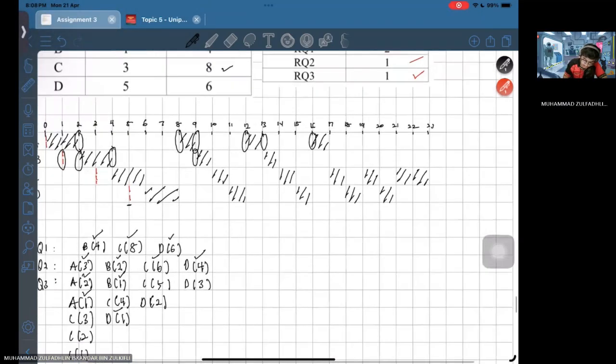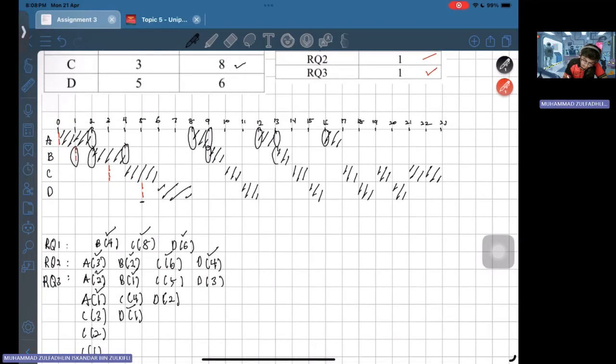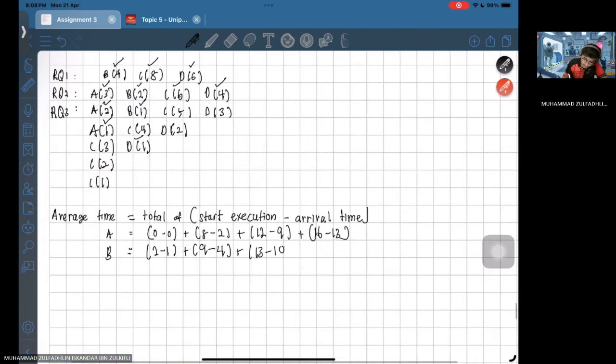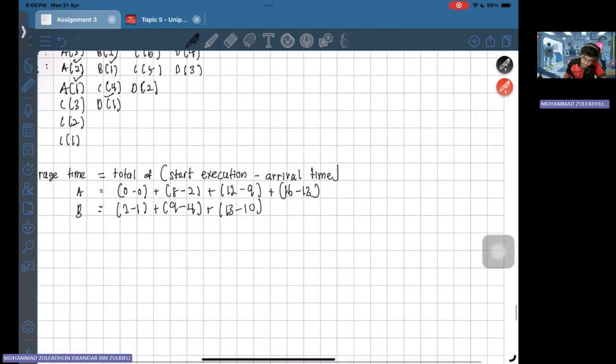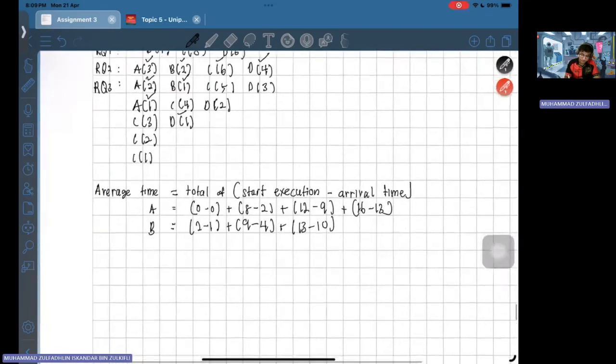Plus D starts execution at 13, and then it arrived at T equal to 10. After 13, there is no remaining service time. So it completes here at 13.